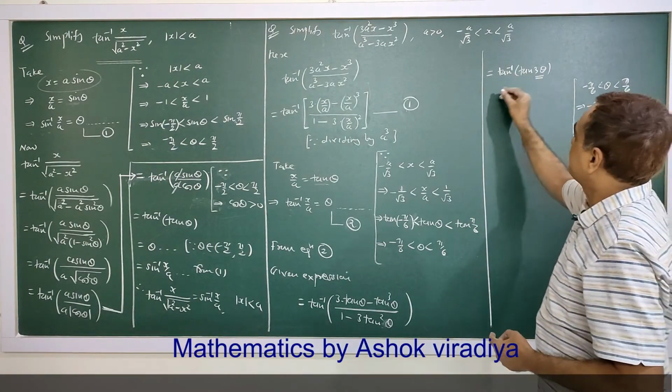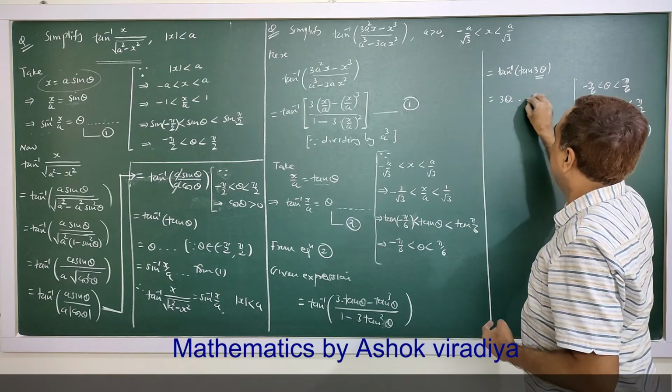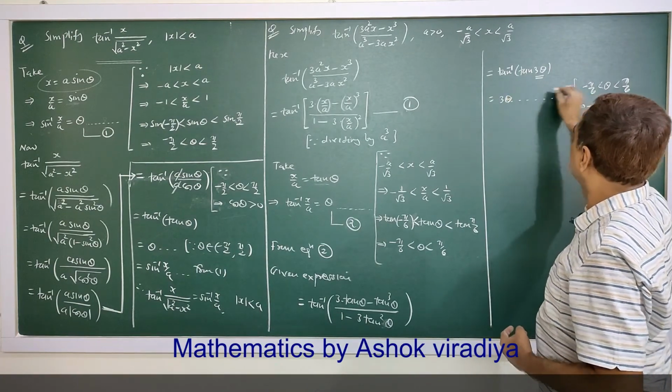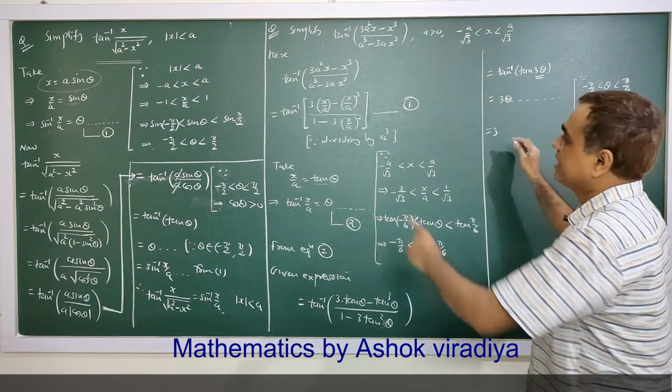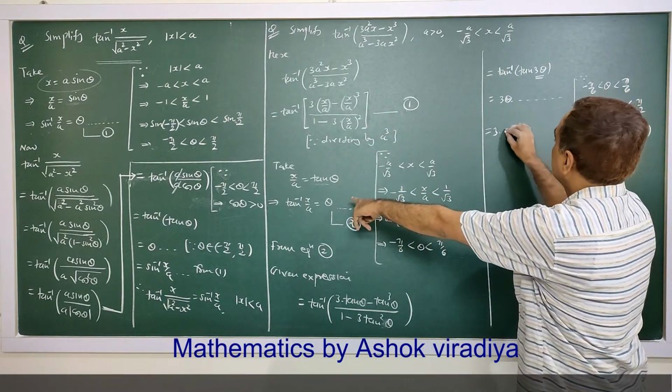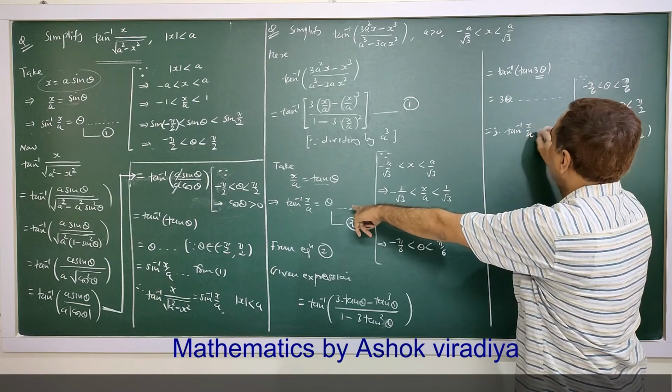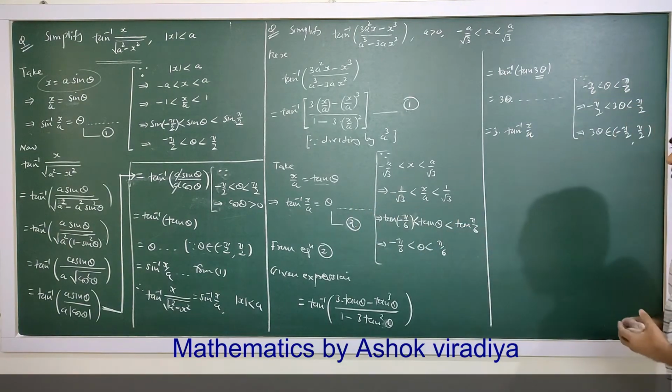So this can be removed. It is 3 theta. Reason for this step is here. And value of theta is tan inverse x by a. This is the required form.